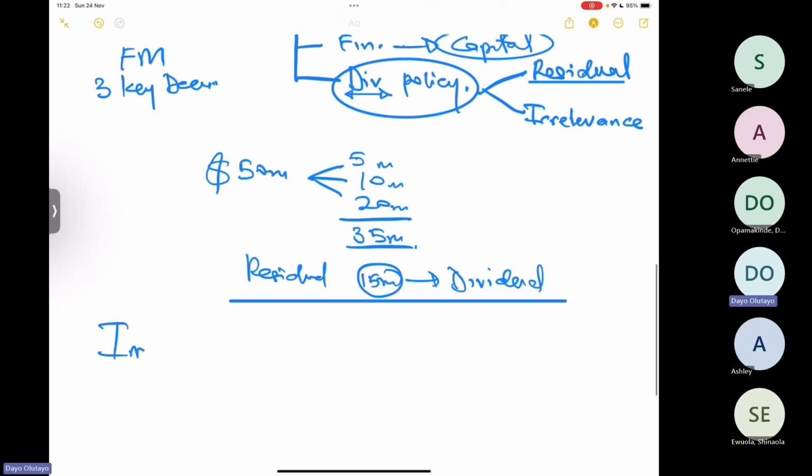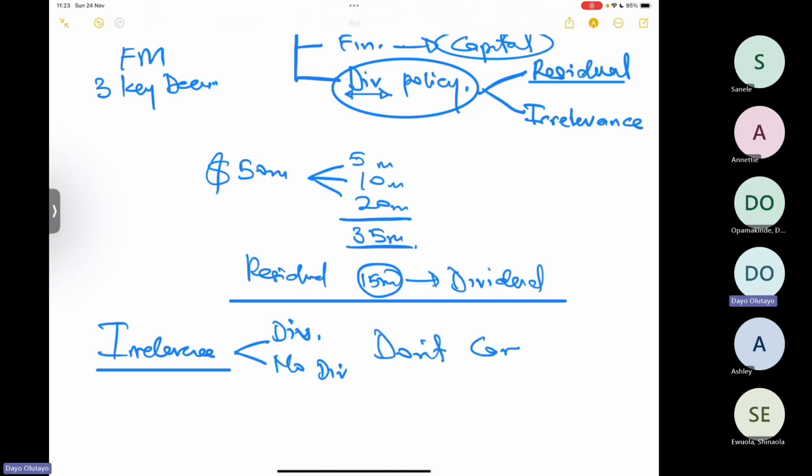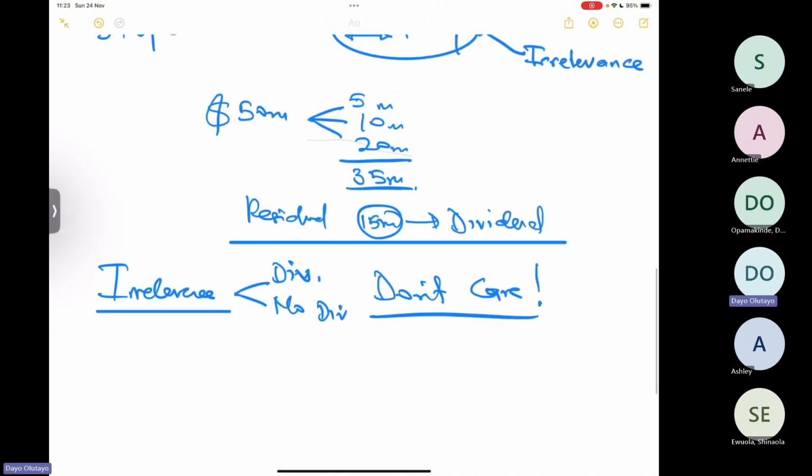Whereas irrelevance sharing does not care whether you pay dividend or not. This theory is saying that shareholders don't care. They are not bothered. And you wonder, why are they not bothered?